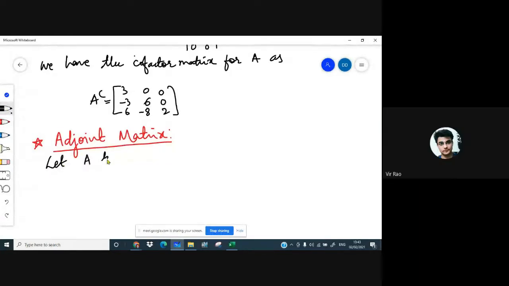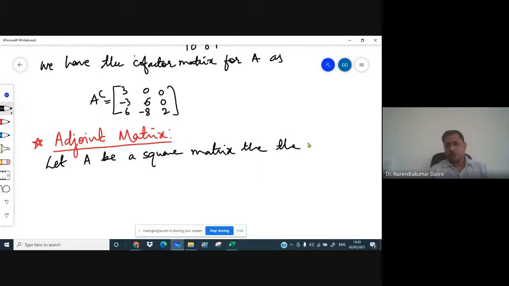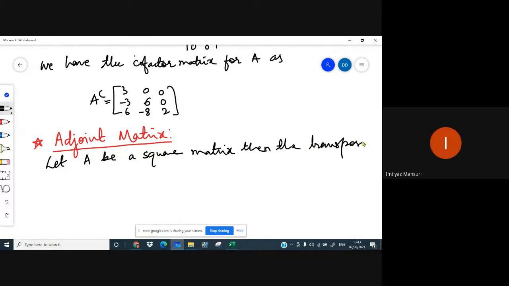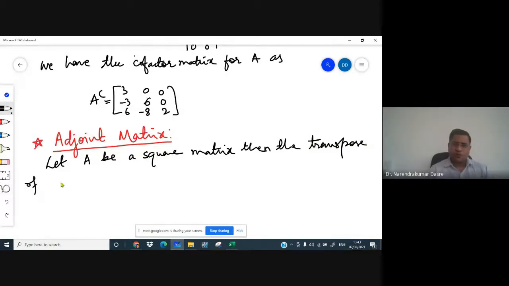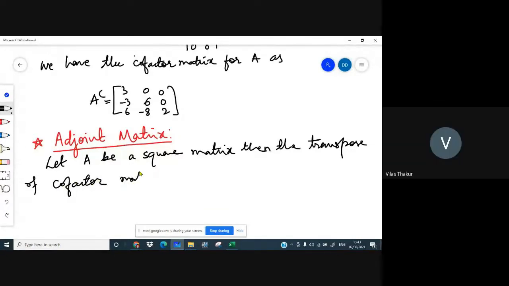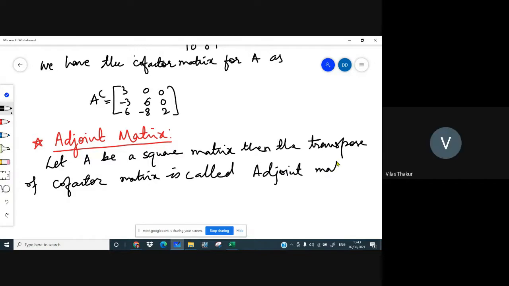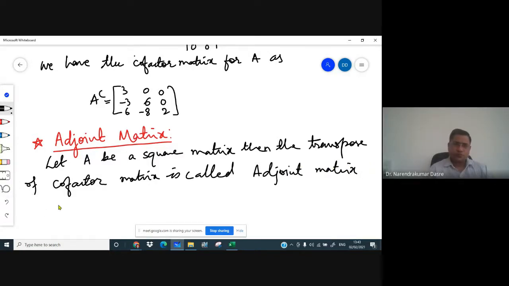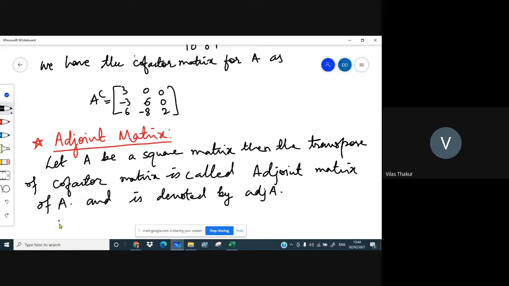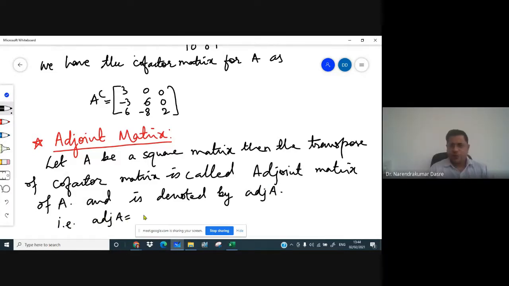Let A be a square matrix, then the transpose of the cofactor matrix is called the adjoint matrix of A and is denoted by adjoint of A. So adjoint of A is equal to the transpose of the cofactor matrix.